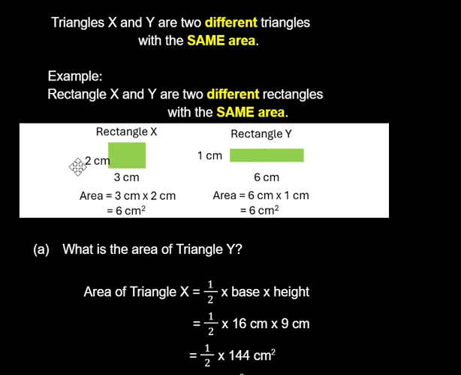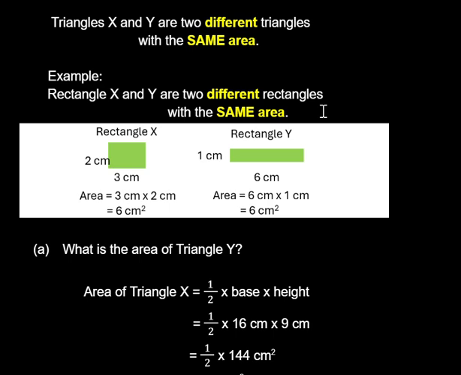For rectangle X, the area is 3 times 2, length times breadth, which is 6 centimeters square. For rectangle Y, it is 6 times 1, because the length is 6 and the breadth is 1, so 6 times 1 is also 6. These two rectangles have the same area, but they are different rectangles.